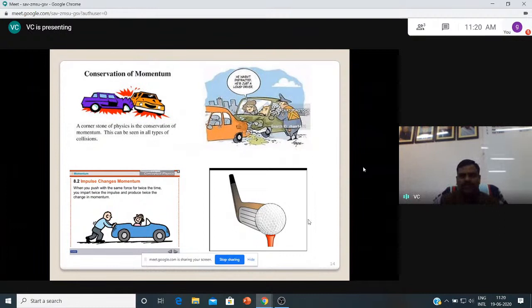And the momentum is the change in momentum. We'll consider the conservation of momentum and impulse momentum.